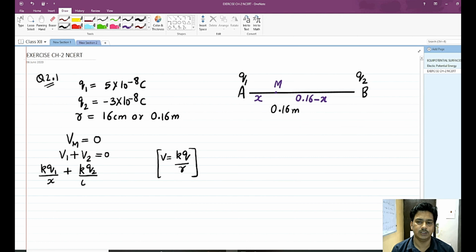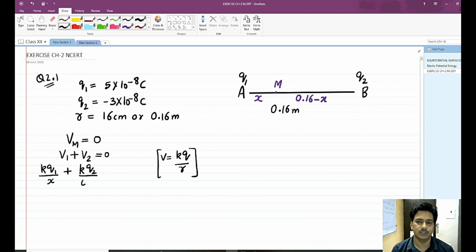Now we are going to do cross multiplication. So when we do cross multiplication like this, it is Q1 into 0.16 minus x is equal to minus Q2 into x. Now put the value of Q1 and Q2.